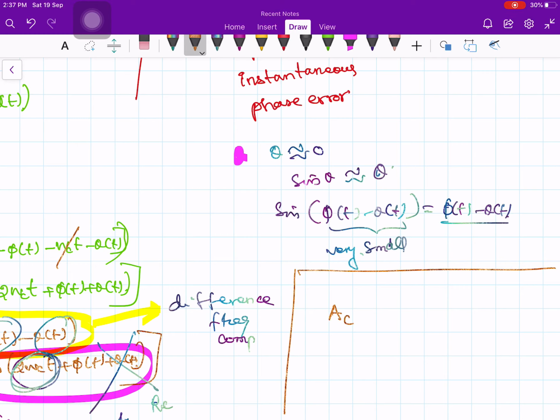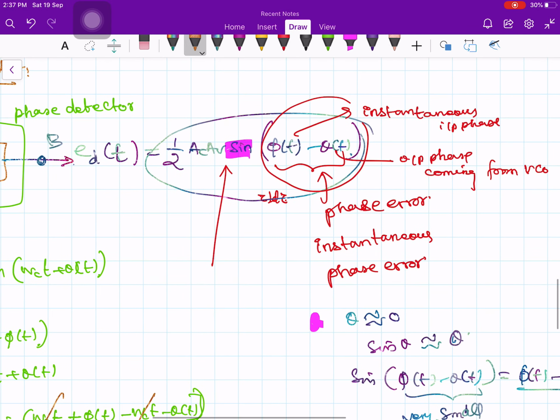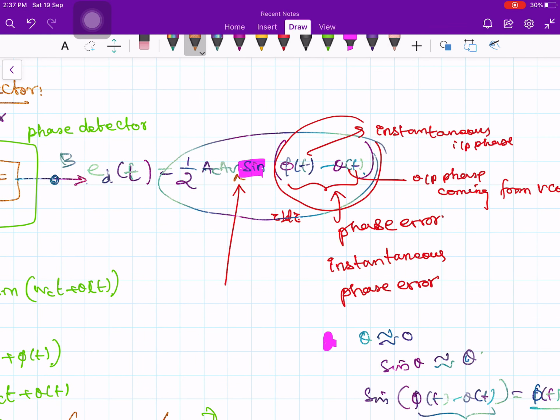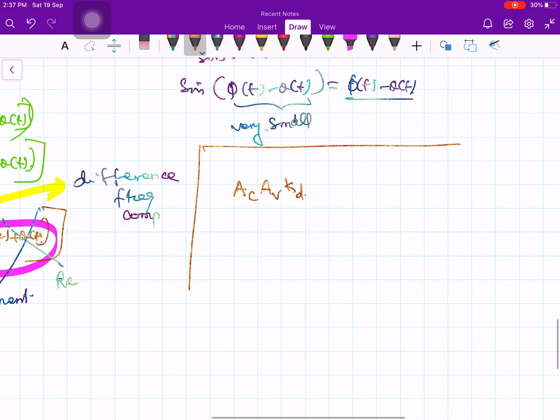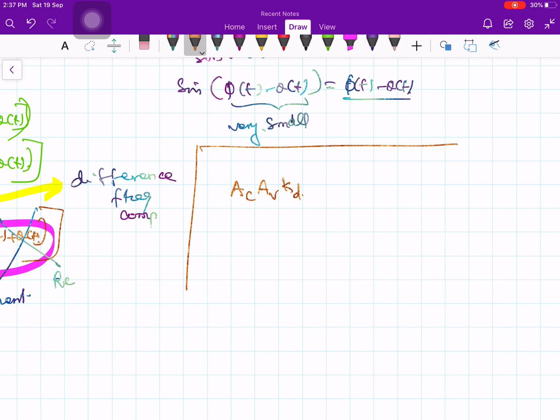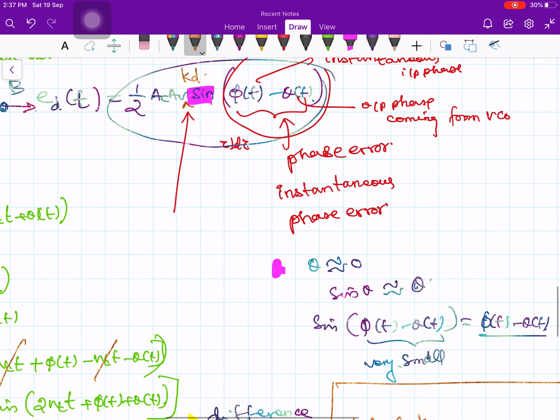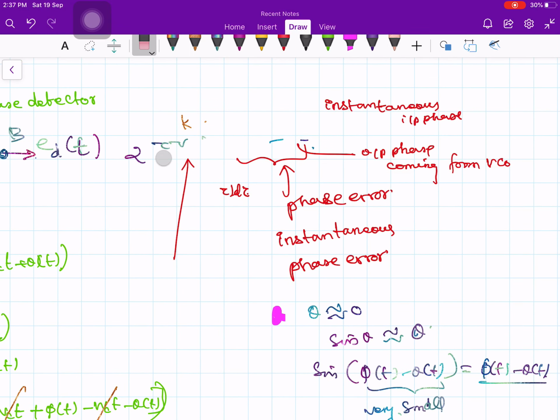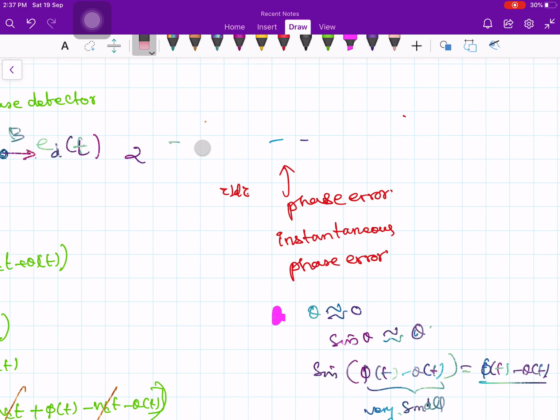Okay, so A_C times A_V times K_D is a phase detector constant. I forgot to put that phase detector constant. You put K_D here, phase detector constant, with a 1/2. So let me write down the equation again.